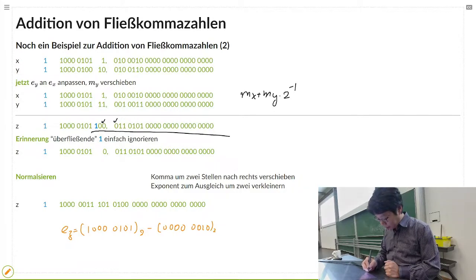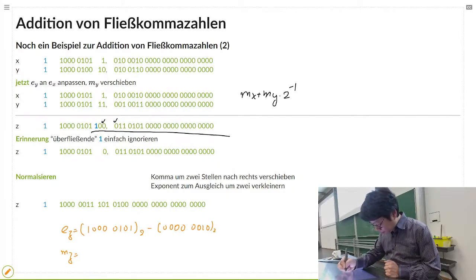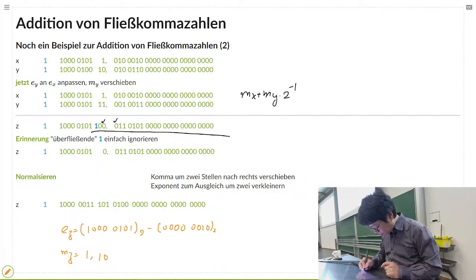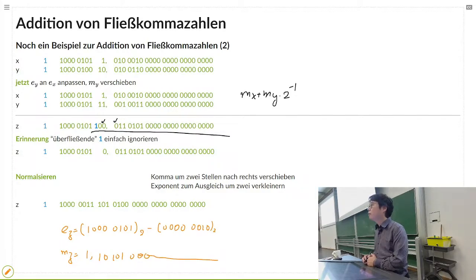And MZ is minus comma, minus 1, nur 1 und dann a lot of 0. Okay?